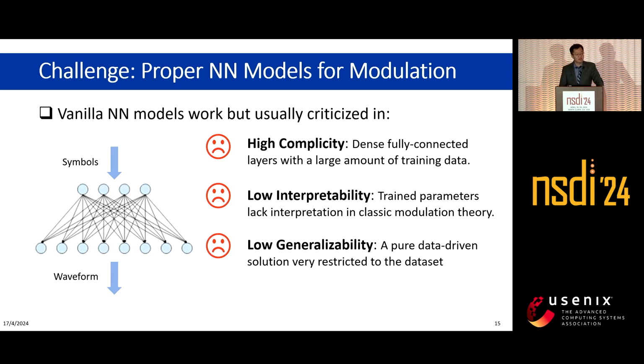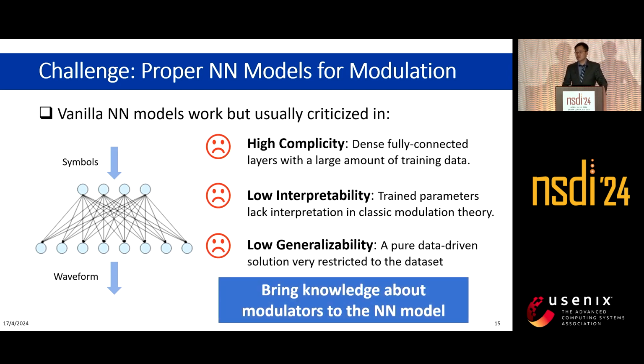But these parameters lack interpretability. You can hardly link the parameters you trained to classic modulation theory. And finally, this is a purely data-driven approach, so it is affected by the training data you have. If you change the data set and the model fails, you don't even know why.